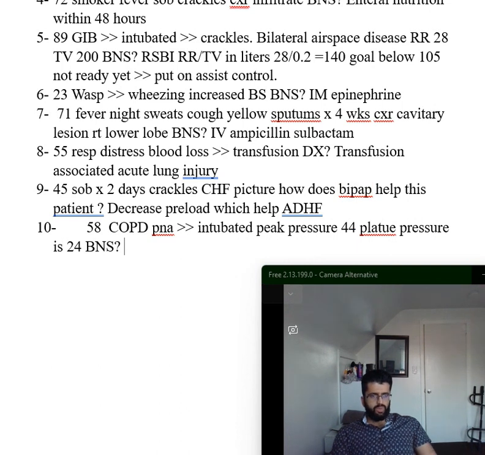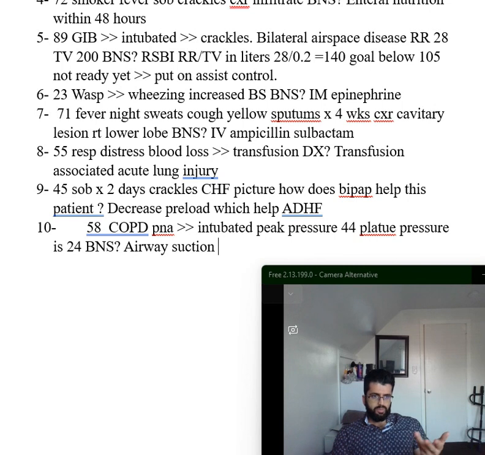What does that mean? The peak pressure is elevated, but the plateau pressure is fine. If there's a lung disease, the plateau pressure would be high. So this indicates there's no lung disease, there's an upper airway obstruction. So the management is airway suction.